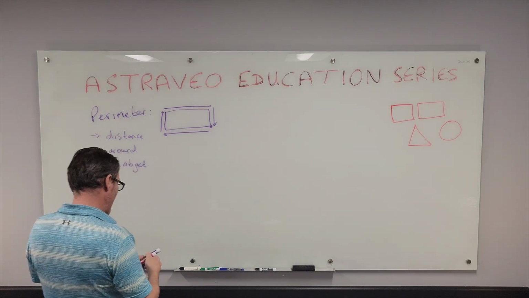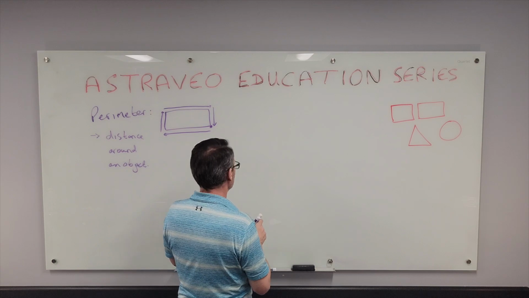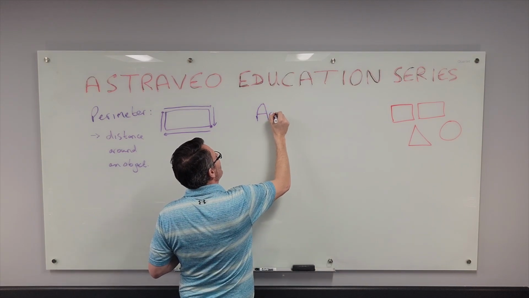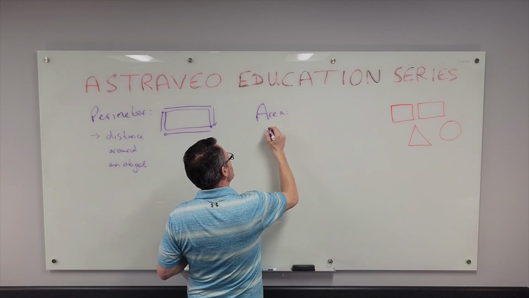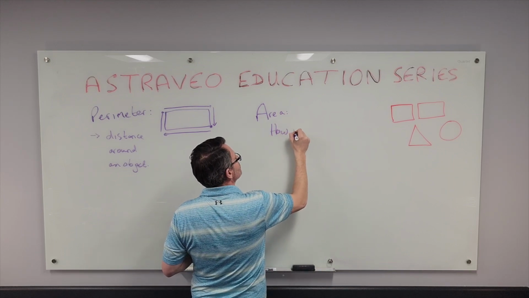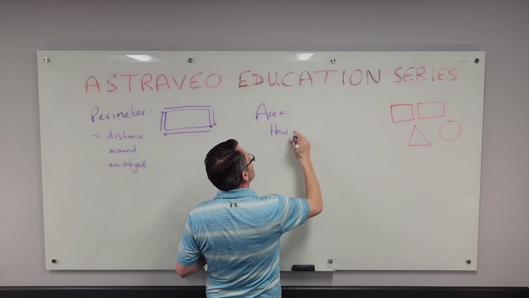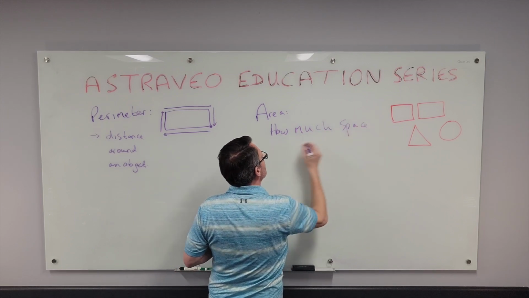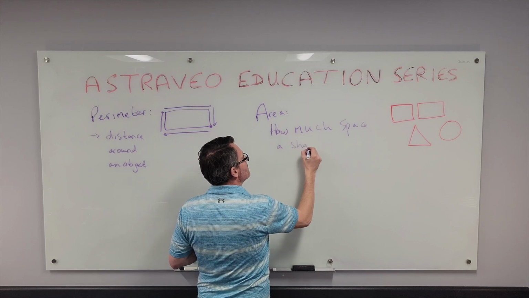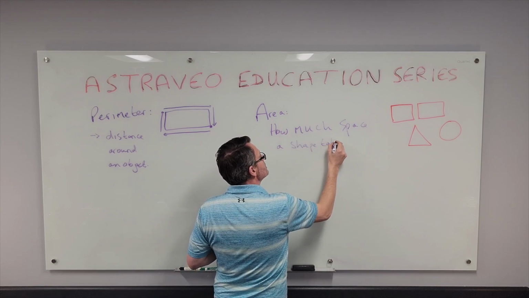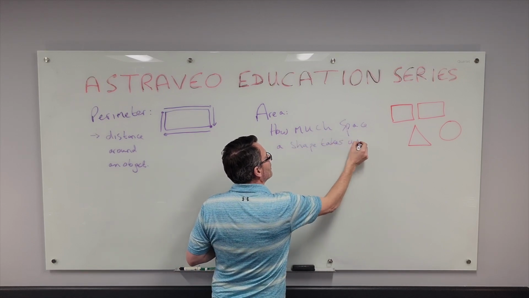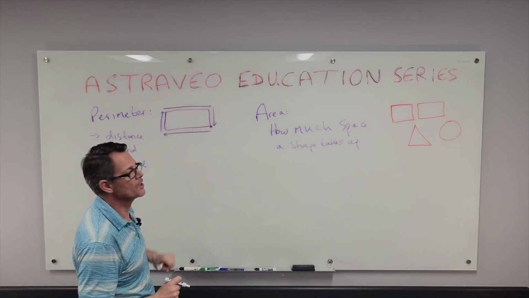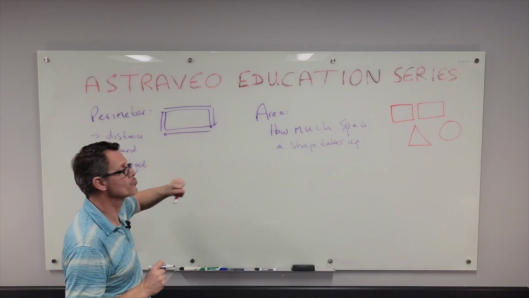So perimeter is the distance all the way around a geometrical object. Well, what about an area? Well, this really is how much space a shape takes up. So really, this is a distance for perimeter all the way around a geometrical shape, the football pitch at Old Trafford.